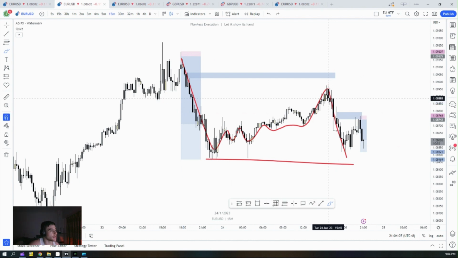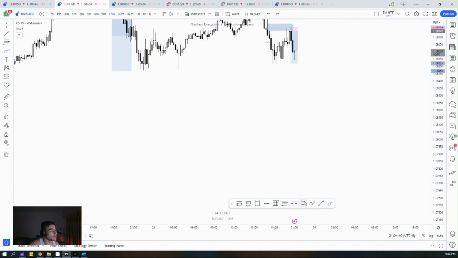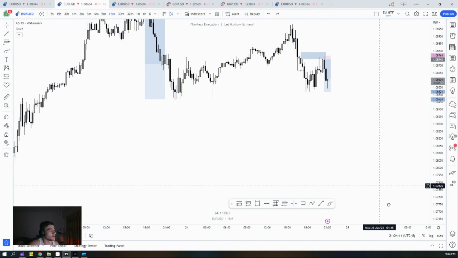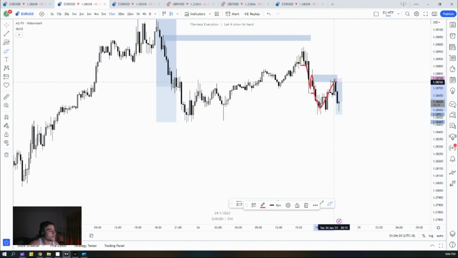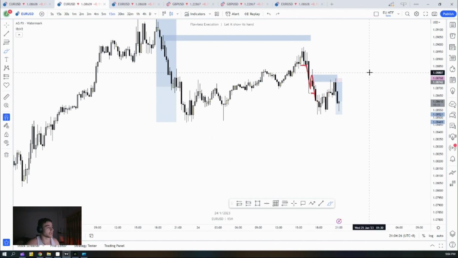If you see here, we shift bearish order flow here. We pull back, we give another order flow shift here. So we are trading out of the last 15-minute order flow range, as you can see.